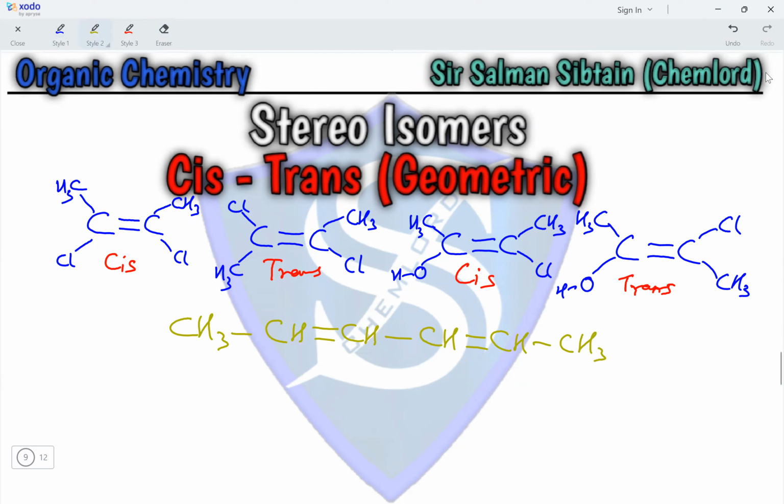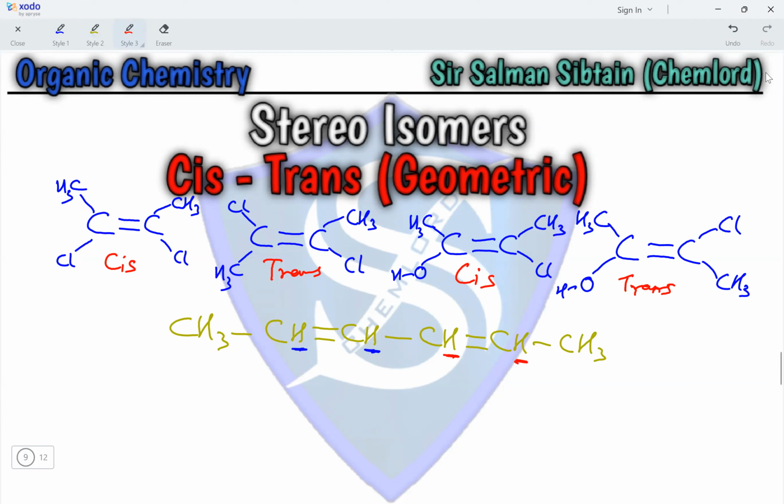So here we can see that there are two double bonds, and each double bond has one of the two groups attached to it being the same. So on the left, we've got two hydrogen atoms, and on the double bond on the right, we've also got two hydrogen atoms.